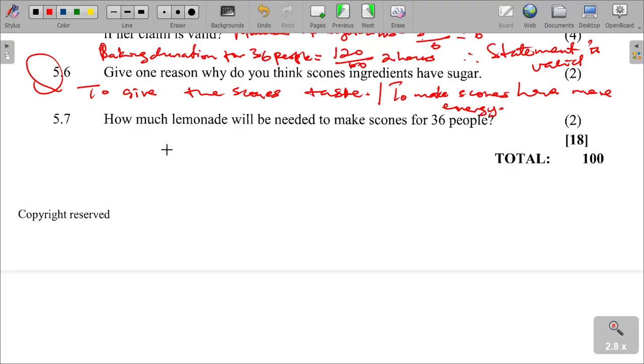How many lemonades will be needed to make scones for 36 people? So the last question, 5.7, how many lemonades will be needed?